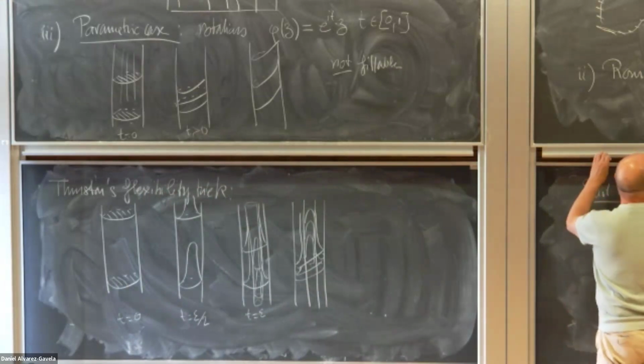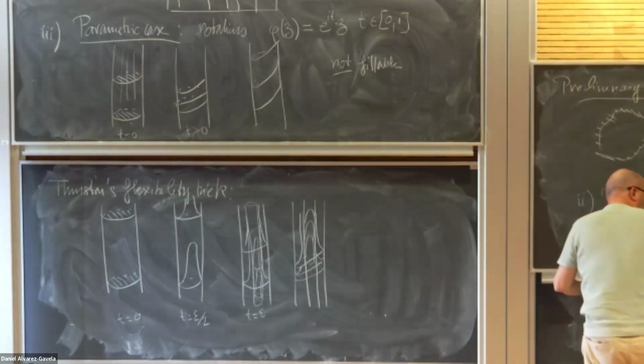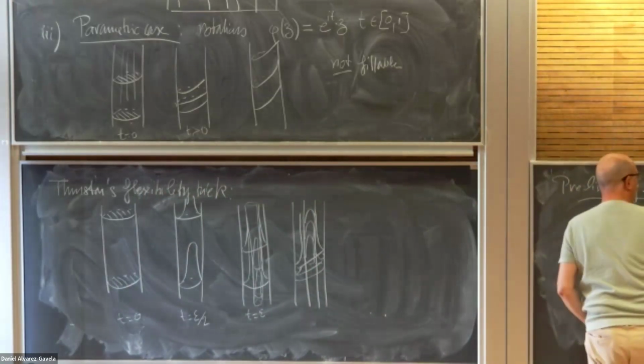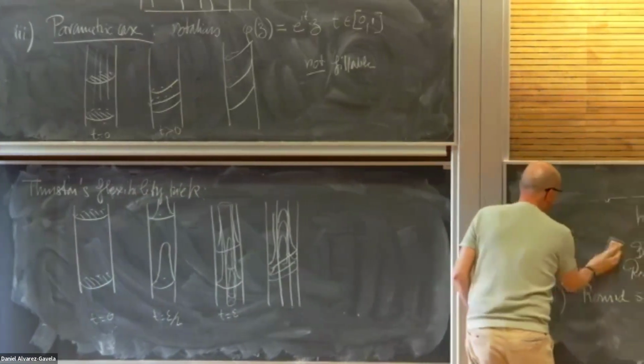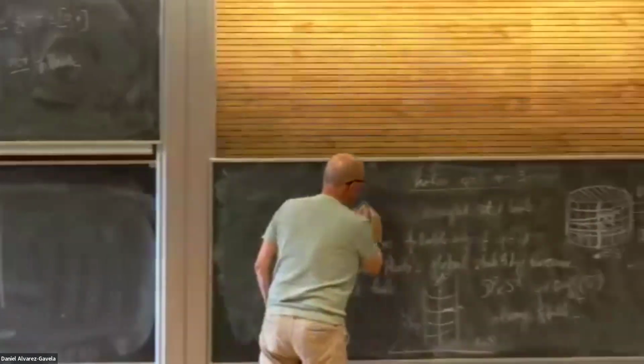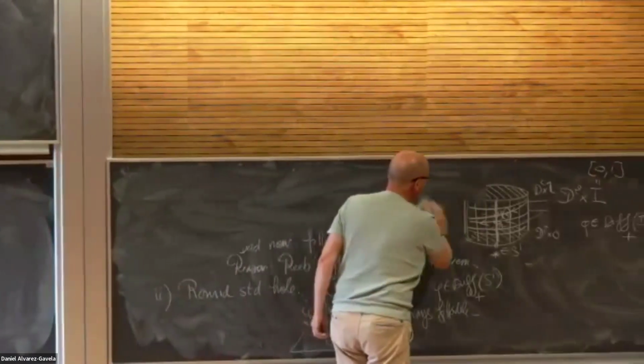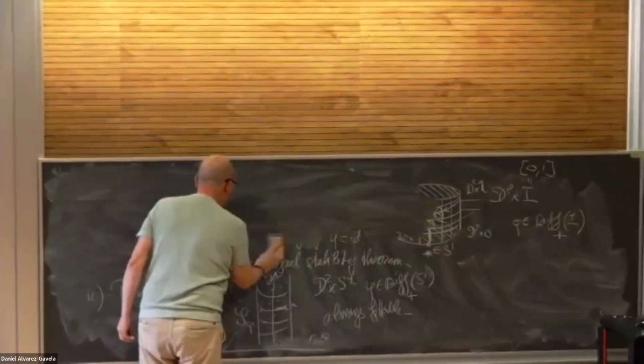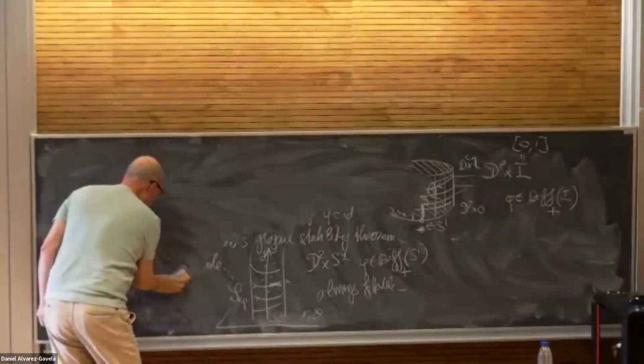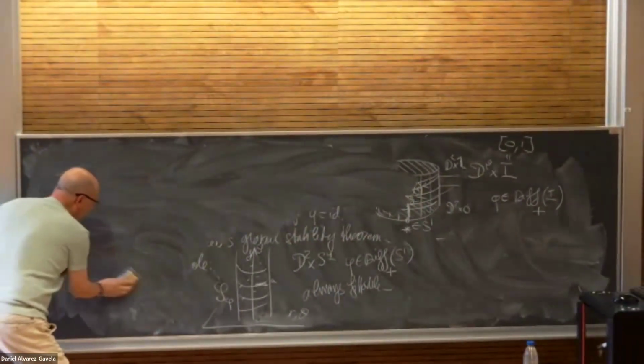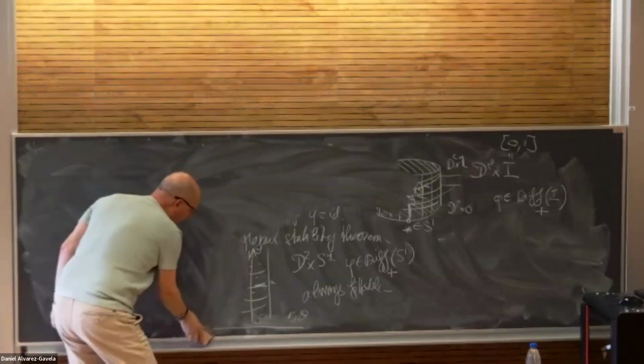Okay, so with these little exercises in mind, we can begin thinking of changing any wrinkle to a foliation.